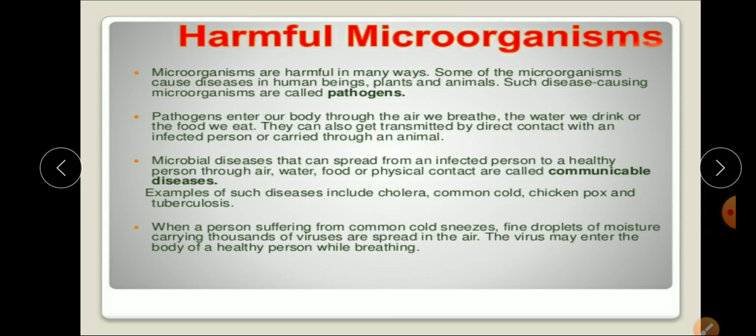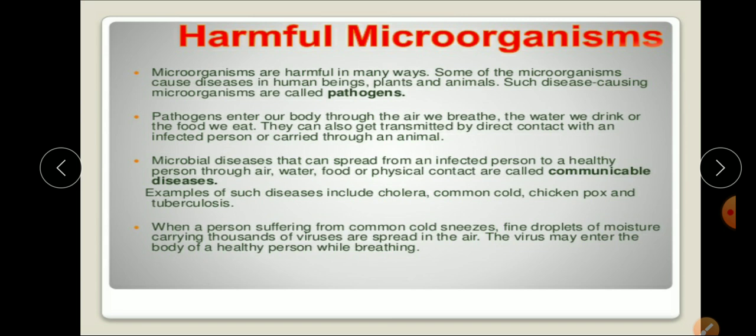So, when a person suffering from common cold sneezes, fine droplets of moisture carrying thousands of viruses are spread in the air. The virus may enter the body of a healthy person while breathing. If a person is sneezing and a healthy person is standing beside that person, the viruses spread in the air and will come in contact with us also.